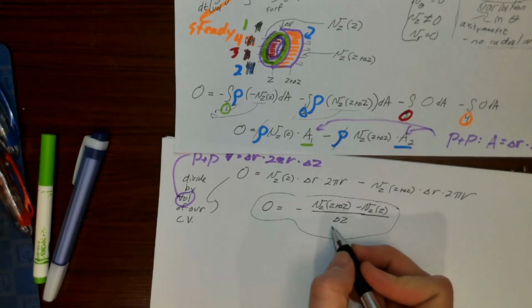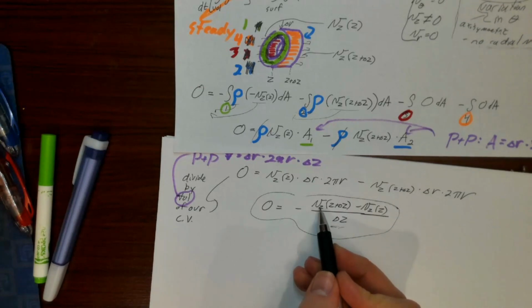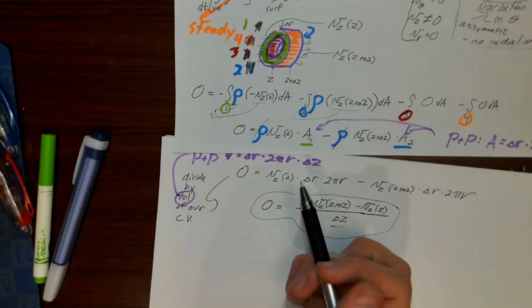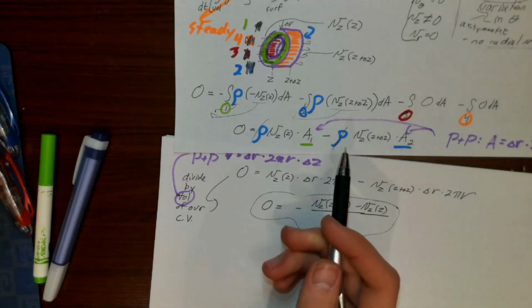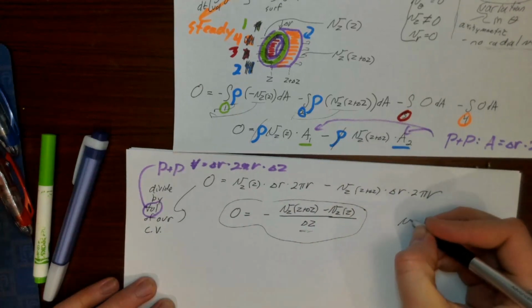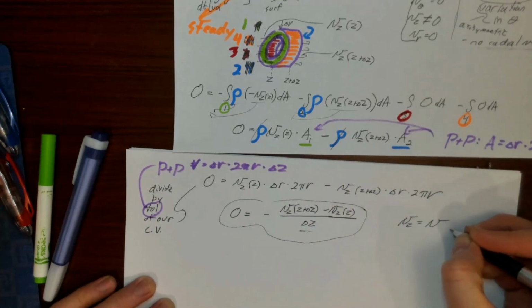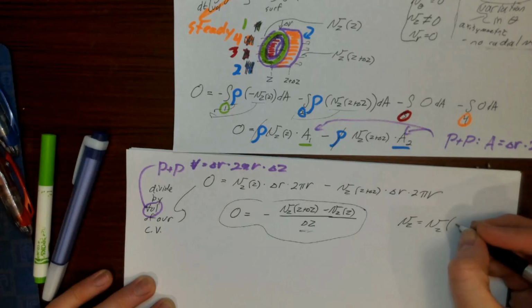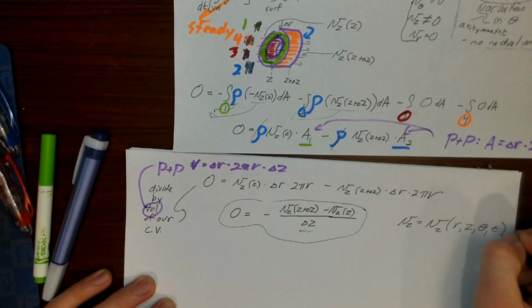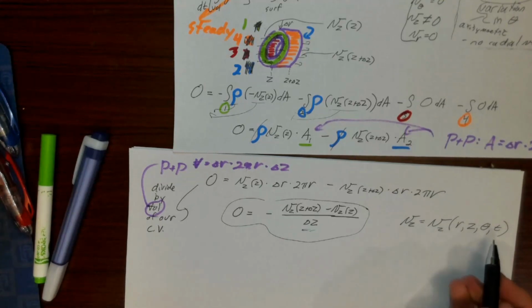It's a derivative with respect to z, but because Vz could hypothetically vary with many variables, in general Vz could be a function of r, z, theta, and time.